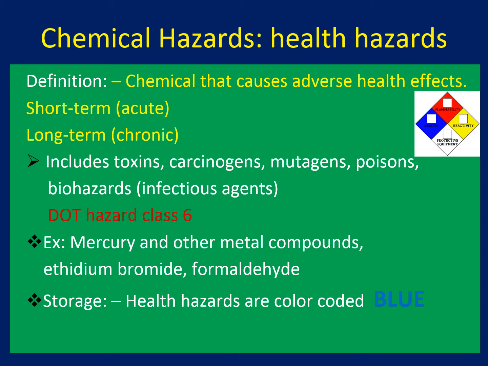So this includes carcinogenic materials, mutagens, poisons, and biohazards. Biohazards are the infectious agents like coronavirus, viruses, bacteria, these kinds of things. You can easily identify those biohazards with blue color.